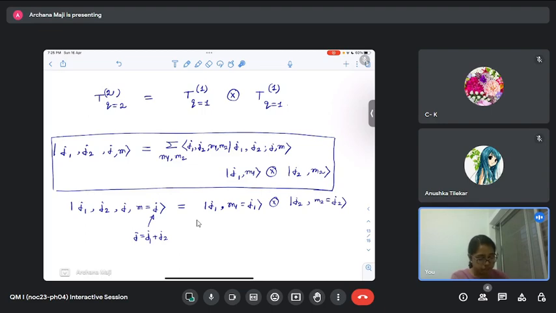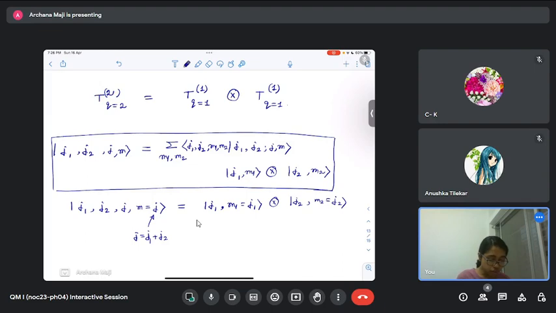And if it is maximum, then the CG coefficient is 1, because none of the other tensors will give you Q equal to 2. If you take Q equal to 0 and Q equal to 1, that will give you Q equal to 1, right? The addition of these two Q. So only these two spherical tensors, if we take the tensor product, can give us a spherical tensor of rank 2 with Q equal to 2.